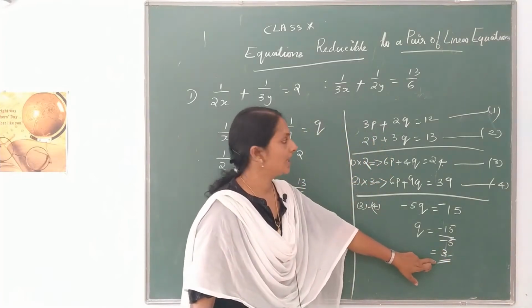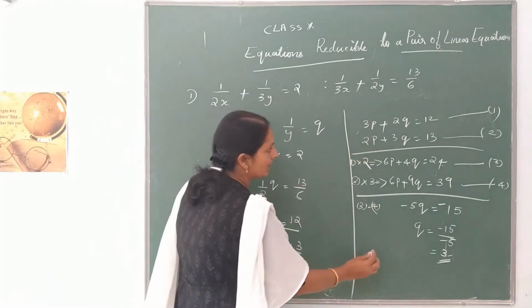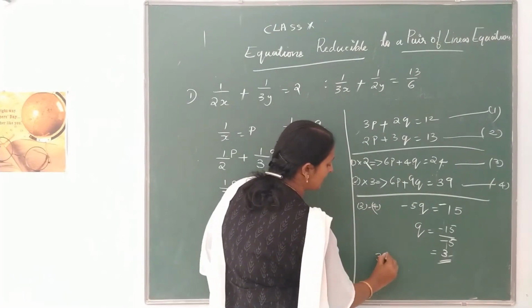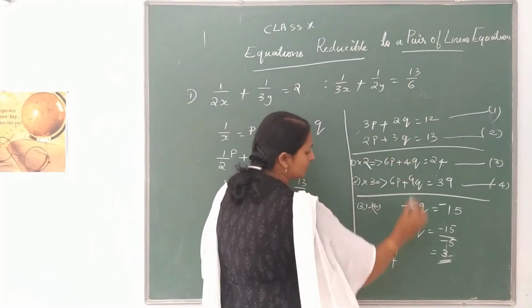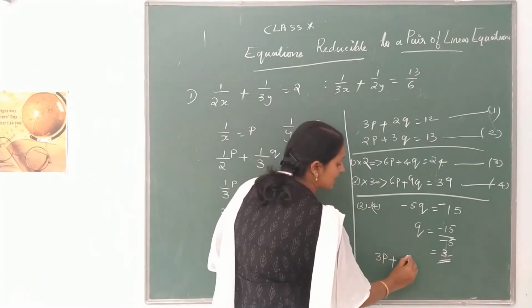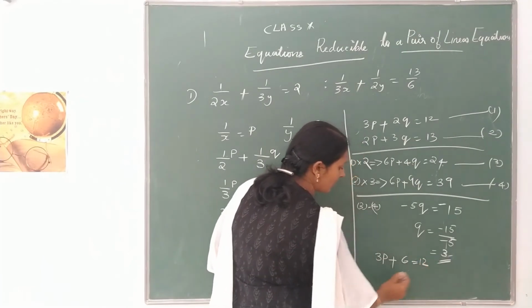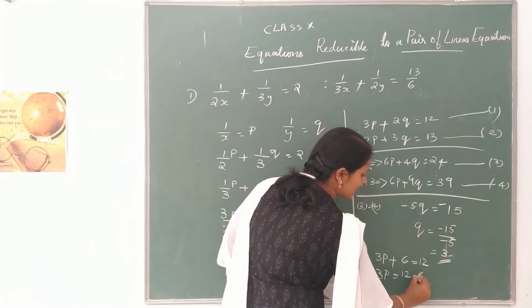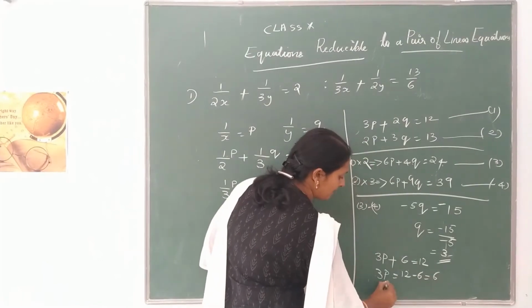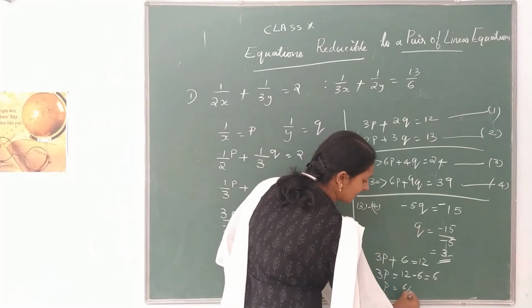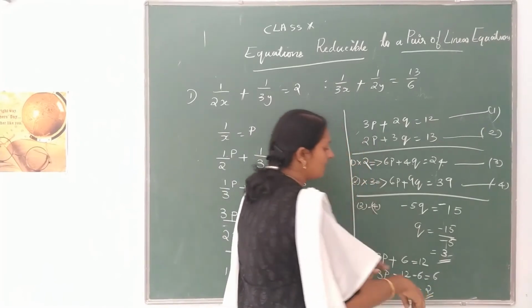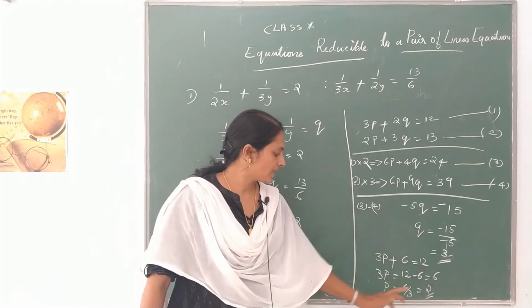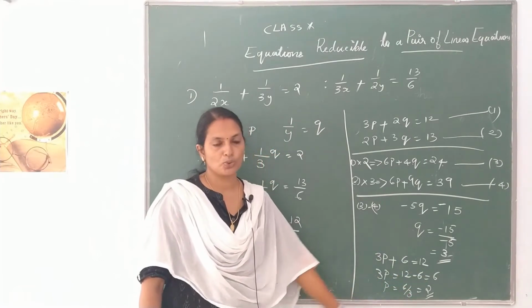Then putting this value in equation number 1, 3p plus 2 into 3, 6, is equal to 12, that is 3p is equal to 12 minus 6, that is 6. Then p is equal to 6 by 3, that is 2. That is, the value of q is 3 and p is 2.